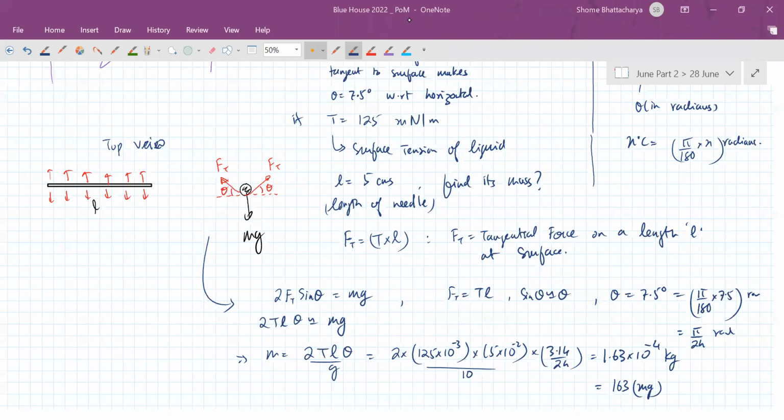Yeah, 0.16 grams is approximately correct. Dhruv, Parth, I think there's a factor of 2 somewhere which has gone wrong for you. Otherwise, yours is also okay.